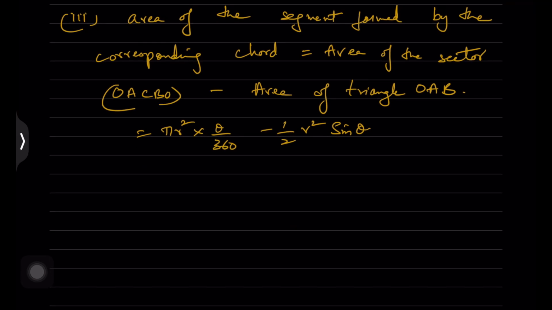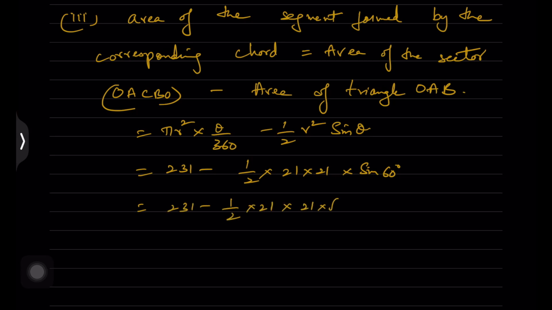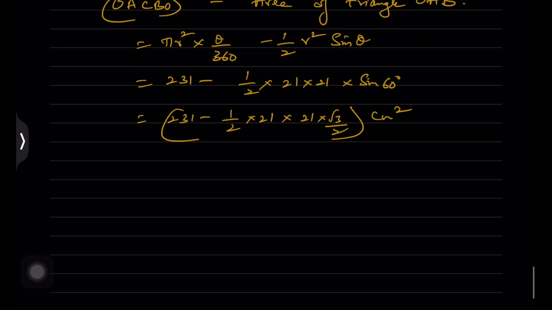So which is equal to 231 minus 1 by 2 into 21 into 21 into sin 60 degrees, which is equal to 231 minus half into 21 into 21 into root 3 by 2 centimeter square, which is equal to 231 minus 441 root 3 by 4 centimeter square.